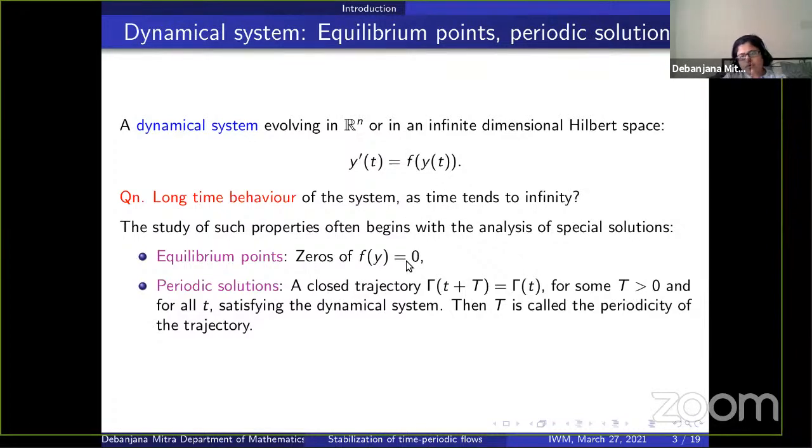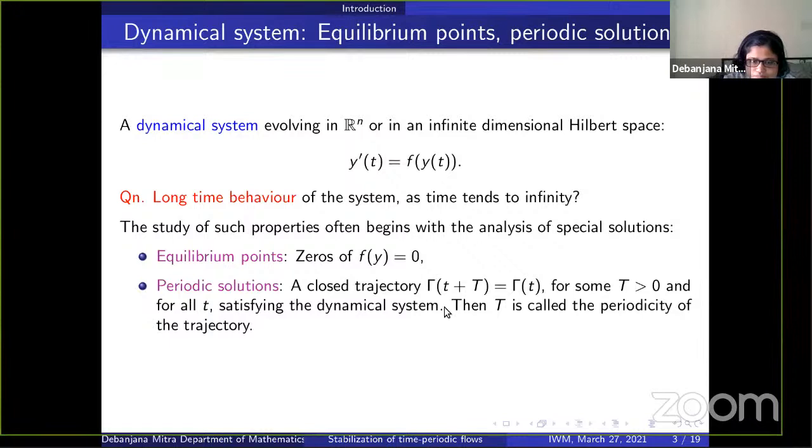In particular, we want to find the y such that f(y) is equal to 0, and then we need to understand the behavior of the solution near such equilibrium points. Whereas a periodic solution means a closed trajectory, which we denote by gamma, which has periodicity capital T for some capital T greater than 0, and gamma satisfies the dynamical system. So these are the two special solutions we will talk about.